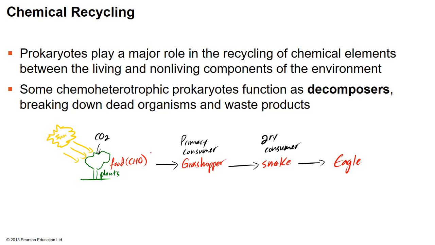So as you can see, the chemical elements or the nutrients that once were found in plants, and the energy that was once stored in this food or these carbohydrates, are now being consumed by a tertiary consumer. Okay.